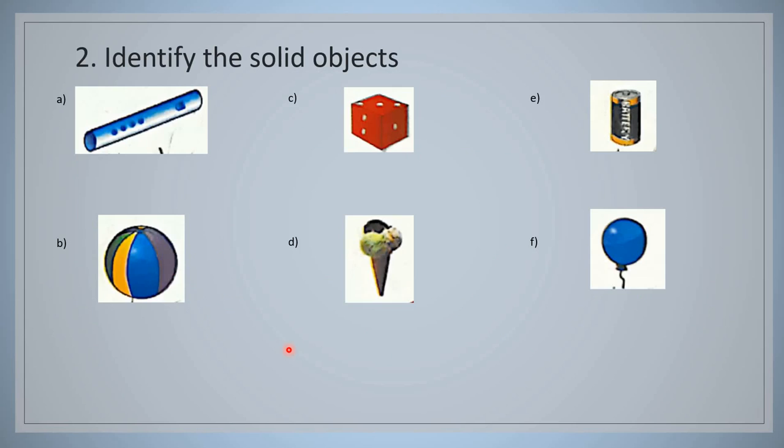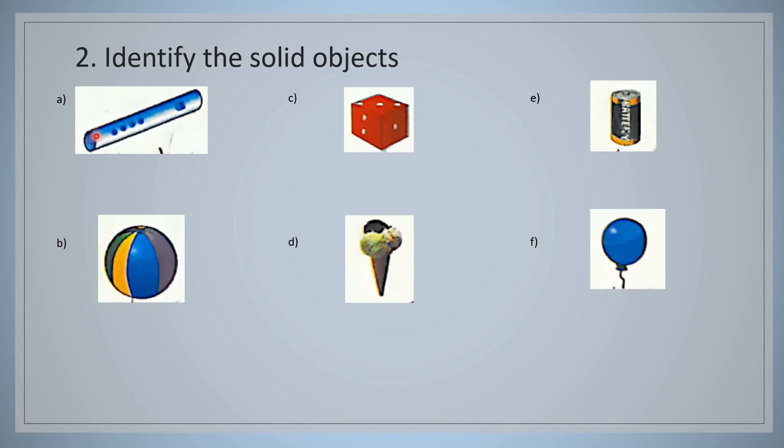Next question is, identify the solid objects. So here they have given us a few solid objects. Now solid objects and plane figures are two different things. Plane figures are what we studied before, that is the rectangle, square, triangle, and now we are studying the solid objects. So let's do a quick practice on what solid objects are, and after that we will get in depth on these objects.